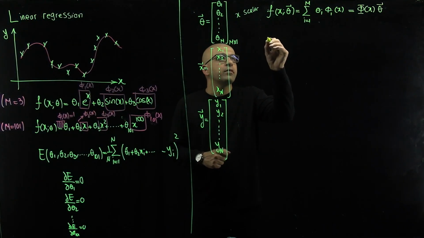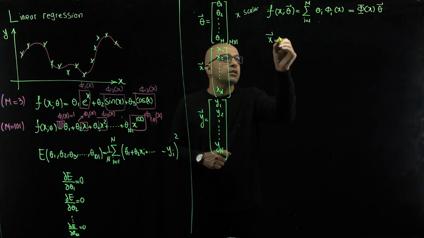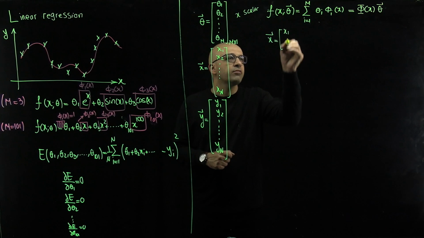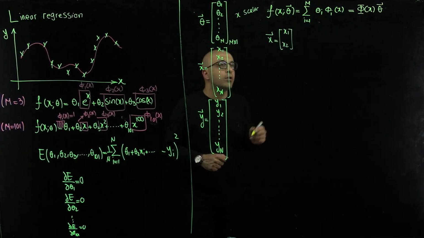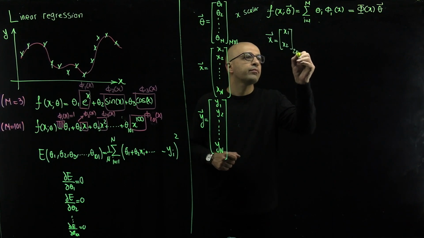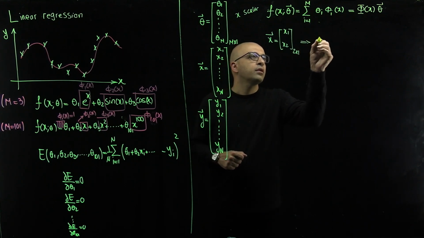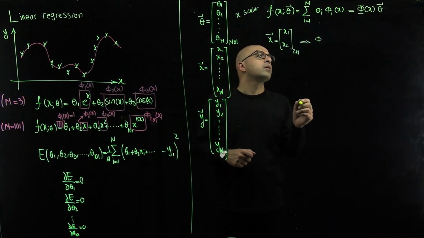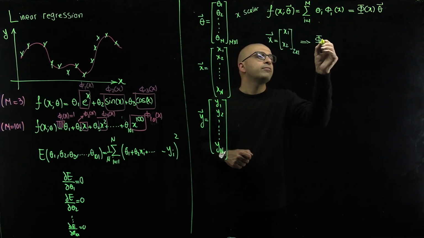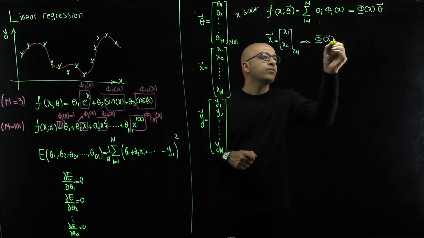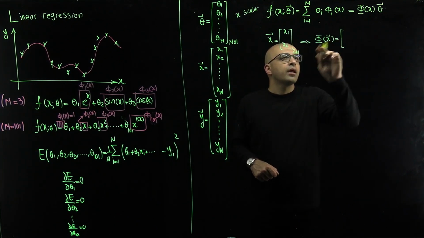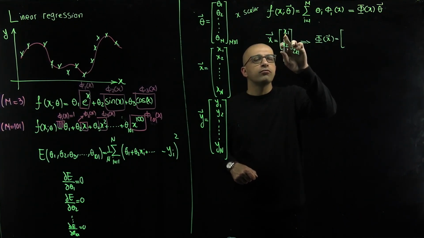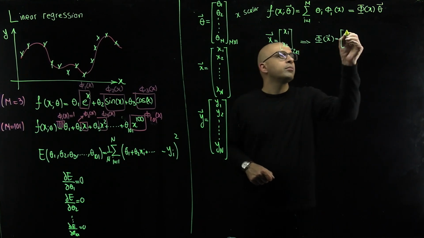So now we'll extend this notation to the cases where x is not a scalar. If x is a vector of size 2 by 1, then phi of x of this vector is just simply applying these basis functions to x1 and putting them in the first row.